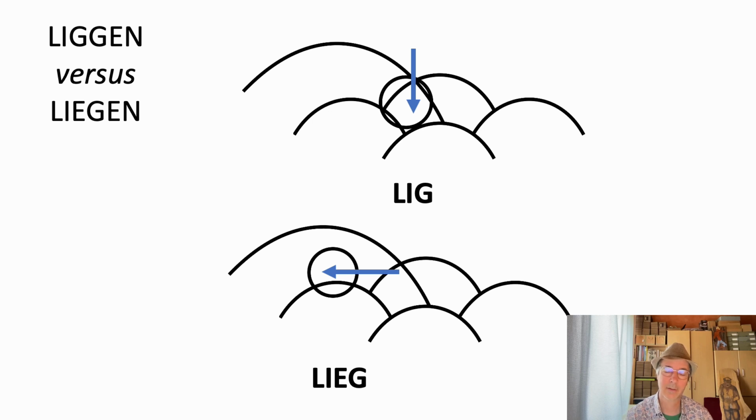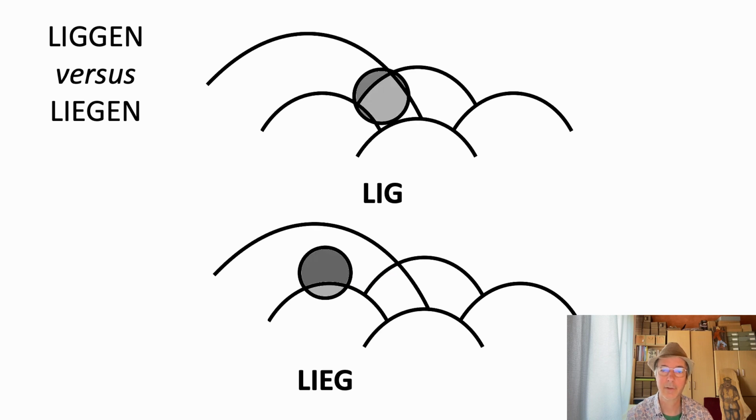Lieg, on the other hand, of course, because of the E, it goes to the left or the right, and it goes out of focus. You can see it lies a little bit further. So the region of lig is close on top. Lieg is also still on top, but a bit out of focus.